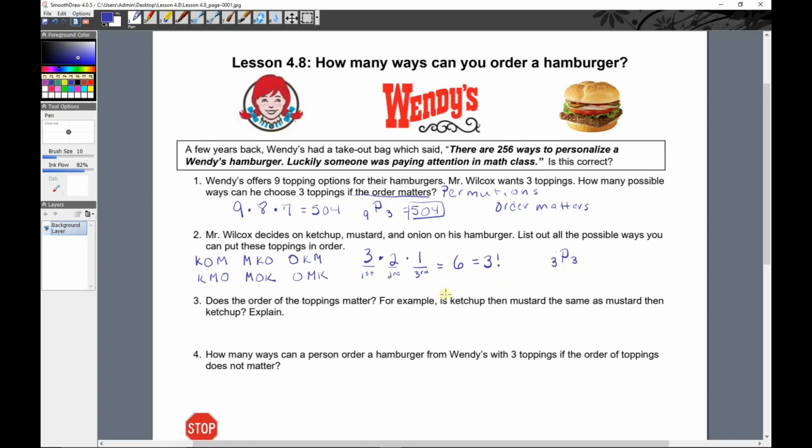Okay, so does the order of the toppings matter? In other words, if you go in, are you ever just determined to get the ketchup first and then the onions and then the mustard? Or would any of these work? Because they basically end up all in the same place, right? So I'm going to say that it doesn't matter. For example, is ketchup then mustard the same as mustard and then ketchup?